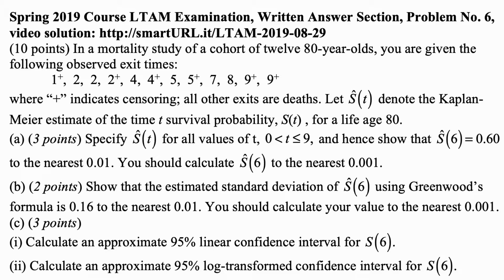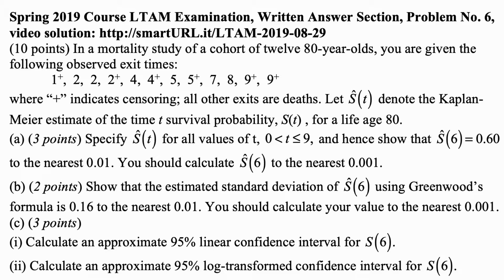You should calculate S hat of 6 to the nearest 0.001. Part B. Show that the estimated standard deviation of S hat of 6 using Greenwood's formula is 0.16 to the nearest 0.01. You should calculate your value to the nearest 0.001.